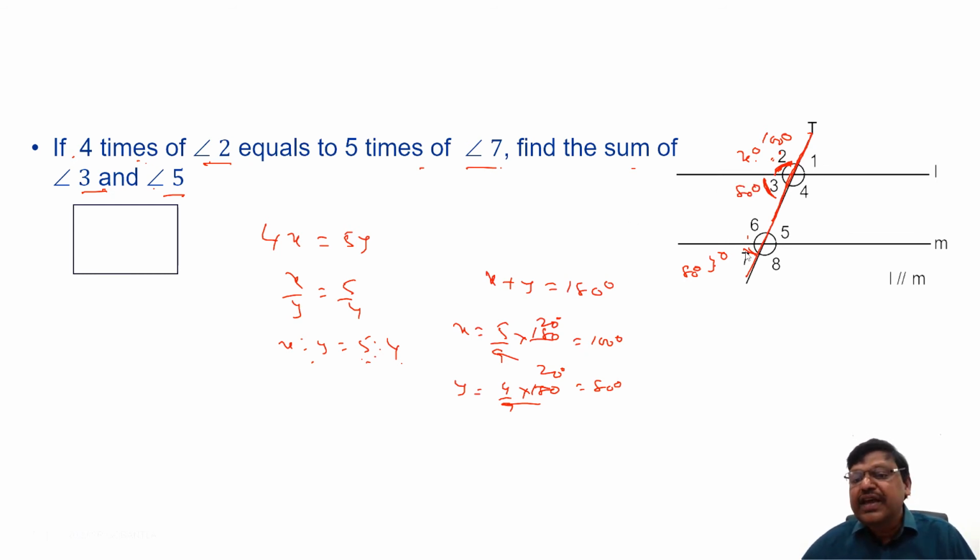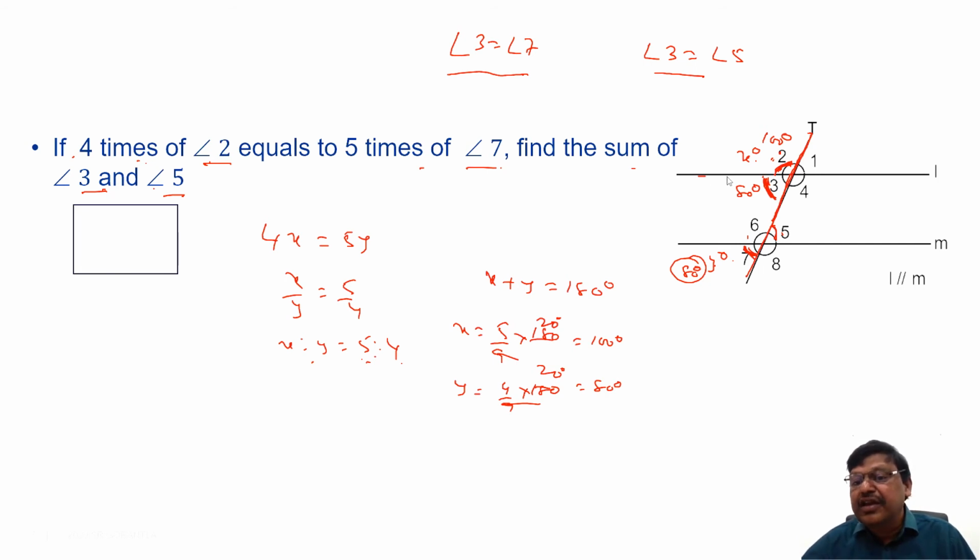Or you can see angle 7 is 80 degrees, angle 3 equals angle 7, or not? Why? Because they are corresponding angles. So if angle 7 is 80 degrees, angle 3 is also 80 degrees. Next, if angle 3 is 80 degrees, what is angle 5? Angle 3 equals angle 5 because they are alternate interior angles.